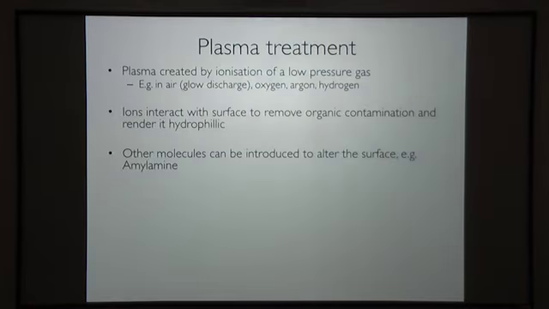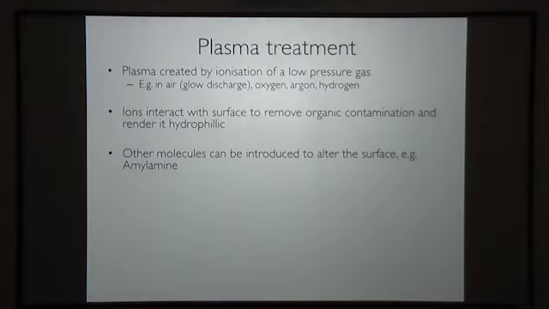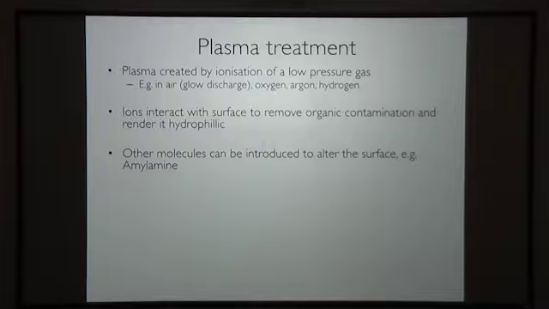The support surfaces are often hydrophobic when you get them, and this prevents the efficient spreading of aqueous solutions on the grids. So to control the hydrophilicity, we treat them with low-energy plasmas. These plasmas are created by ionization of a low-pressure gas. If we do it in air, we call it glow discharging, but there are also plasma chambers that use defined mixtures of gases, including oxygen, argon, and hydrogen.